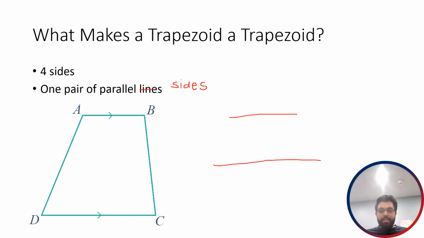So I could have two lines like this, and then one like that, and one like that. If the top side and the bottom side are parallel to each other, and that's it. They don't have to be the same length. The other two sides don't have to be anything. There doesn't have to be any 90-degree angles or anything. This is a trapezoid, and that's all there is to it. The markings are a lot easier on this one because we don't have to mark a whole bunch of other stuff.